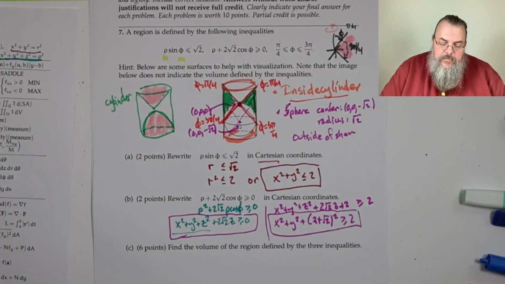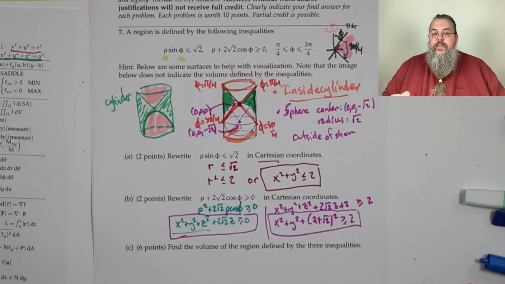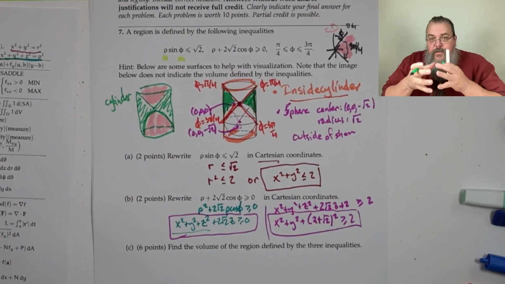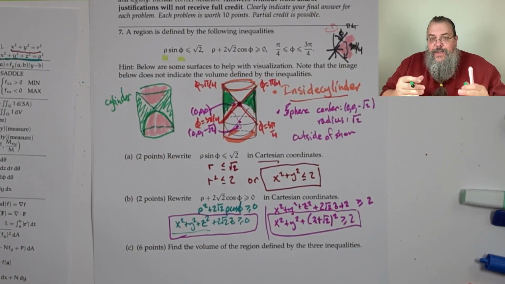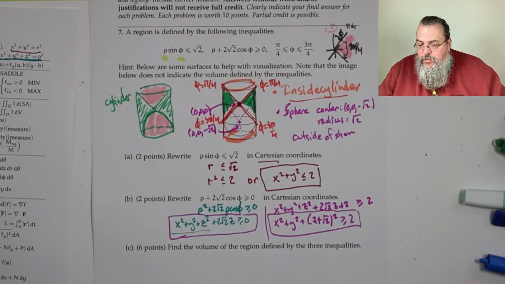So I'm shading the parts pink here that are being erased. Okay, so that's the idea. Start with the cylinder, delete a cone, delete a half sphere.